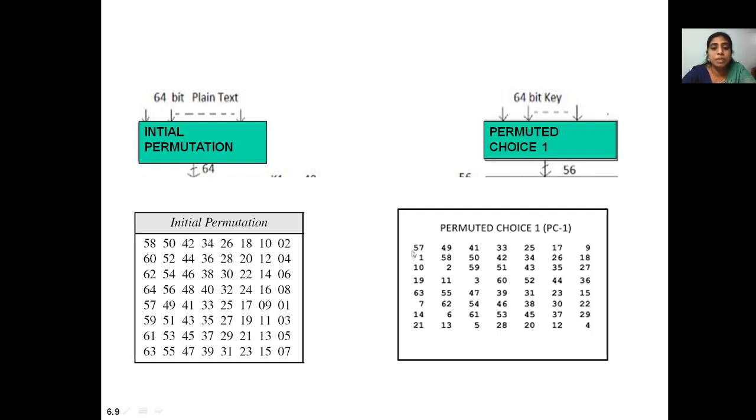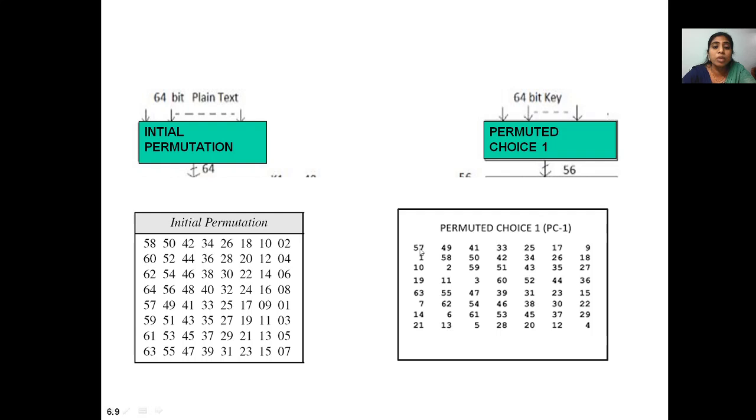So this permuted choice 1 is again the 64 bits. That is, if we have bits 1 to 64, we are going to remove all the multiples of 8, that is, every 8th bit.